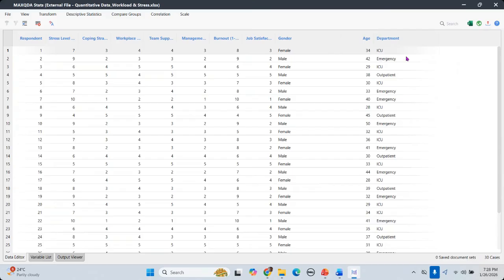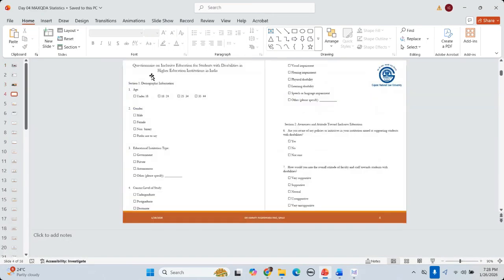We have ICU department, emergency department, outpatients department. Now, if you want to give the coding part, you should know how you have prepared your coding in your research tool. This is my research tool. My research tool will help me see how I have done the coding before collecting data. Because we are going to prepare our structured survey or tool, and we'll be very careful while designing it.